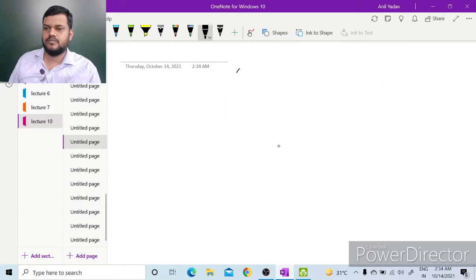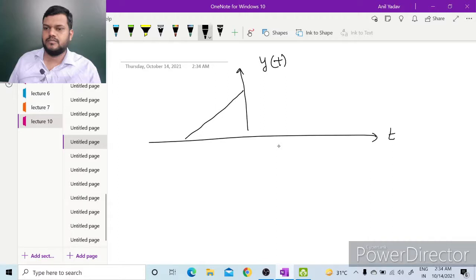So we can plot this yt: at minus 2a there is a ramp, minus 2r(t) becomes a negative ramp, and plus r(t+a). So it will be from minus 2a to 2a, the amplitude becomes 2a, and its duration is 4a.